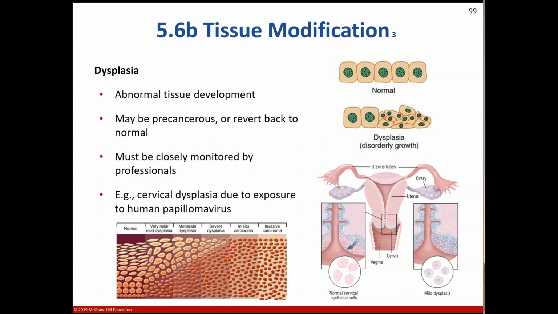An example of this is cervical dysplasia due to exposure to the human papillomavirus. So over here we have our normal cervical cells that a woman getting a pap smear would experience. So we would see this on a slide. And then here is someone who has a mild dysplasia, and you could see that we have a slight changing of those cells.